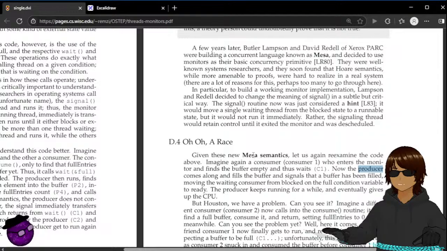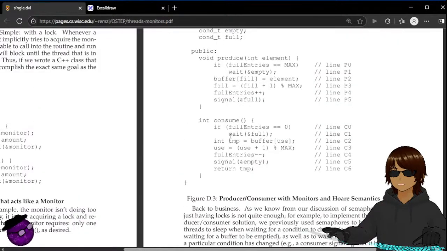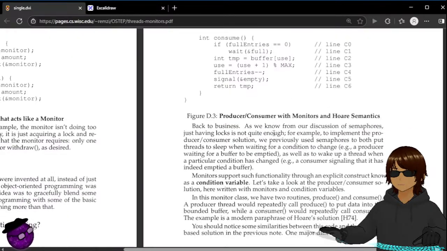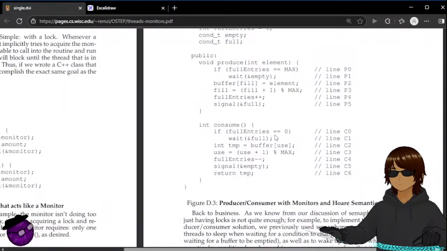Wait, but consumer 2 already used the wait call, right? No, wait. Consumer 2 did not reach here. Consumer 1 reached here. It was waiting. It became blocked and it changed from blocked to ready.